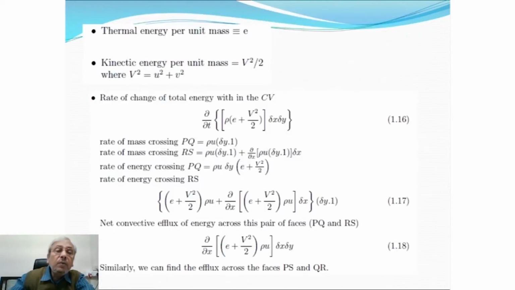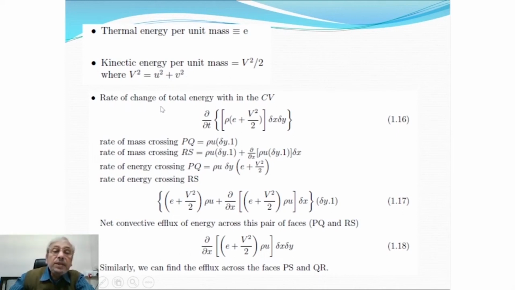First we will consider that thermal energy per unit mass is given by small e. Kinetic energy per unit mass is V square by 2, where V square equals u square, velocity in x direction, plus v square, velocity in y direction.